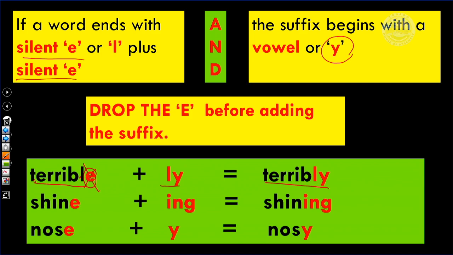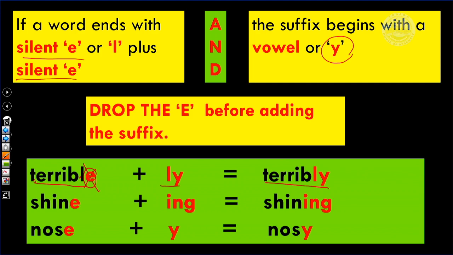Let us move on to our next word, which is shine. Listen to the word shine. It also ends with the silent E. We want to add the suffix ing to this word. What must we do? We must follow the rule.